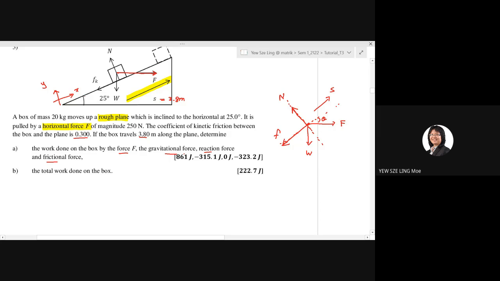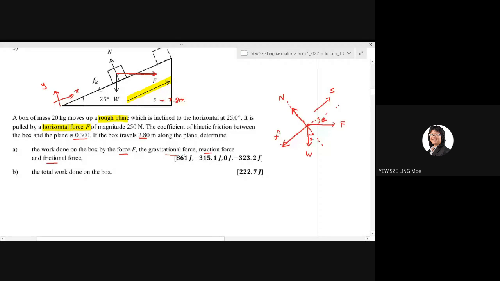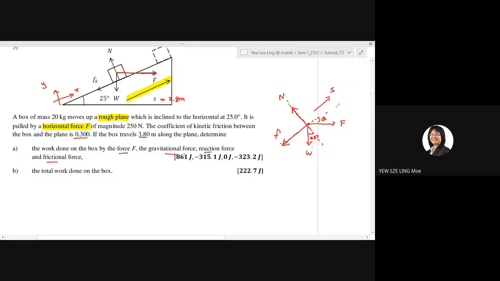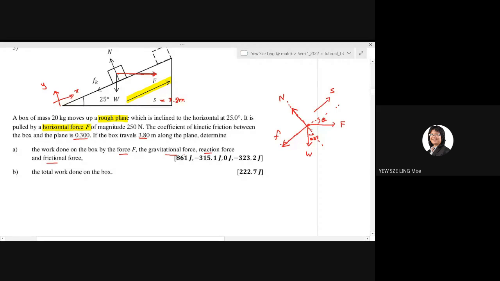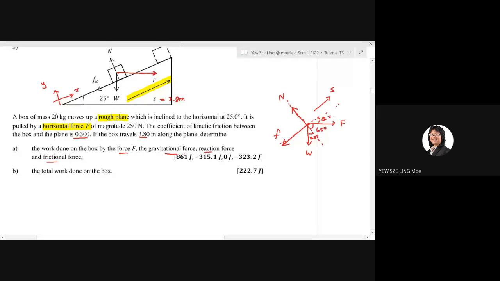The inclined plane is 25 degrees above horizontal, which means 25 degrees is between the y component and the weight. The neighboring angle is 65 degrees, which then gives you this one also equal to 25 degrees. So the angle between displacement and the horizontal force is also 25 degrees.